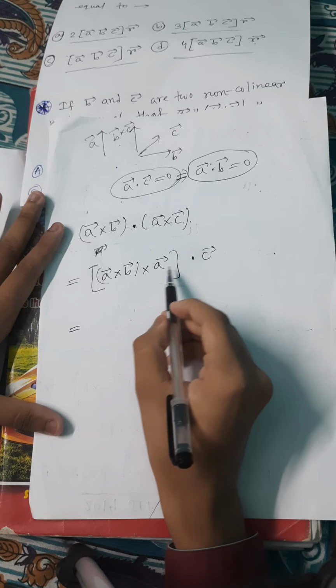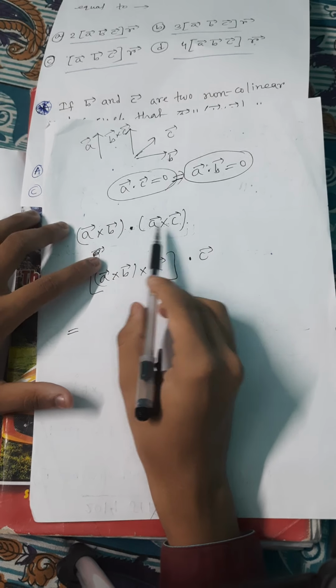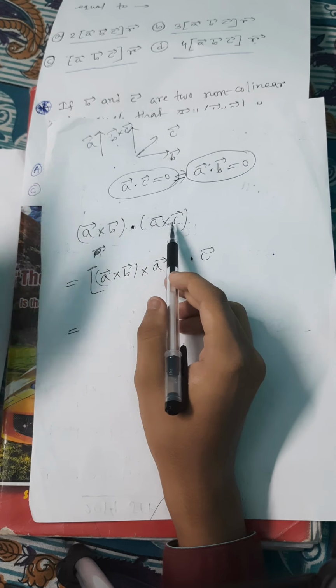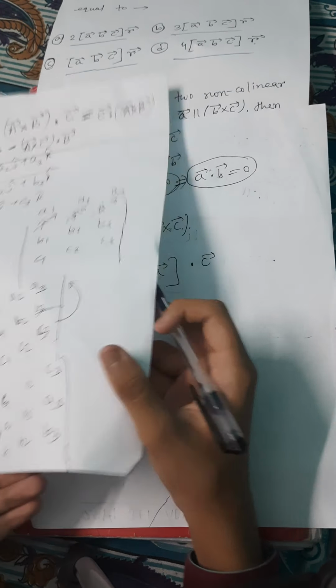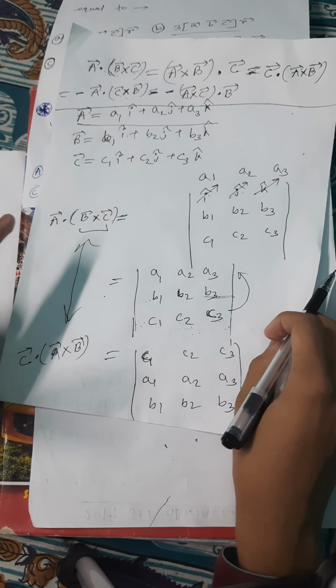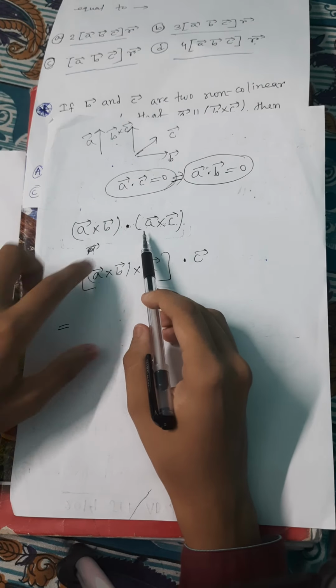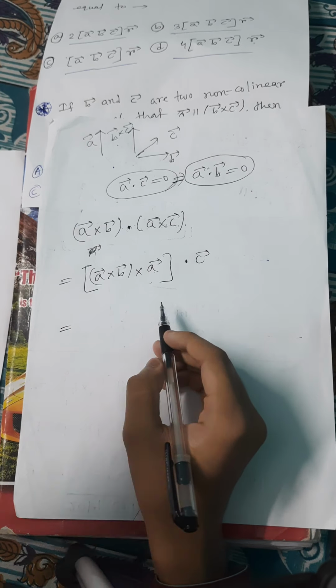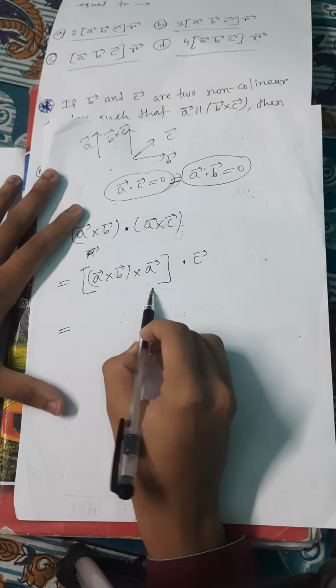So how I change the order of this, just I have said here. How can we change the order of these two? That way I change the order. Now expand this as a cross b cross c, that formula.